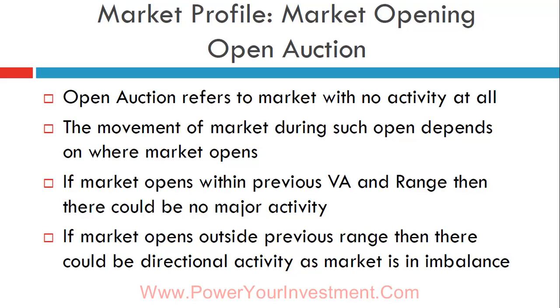Now if you see the open auction, it usually happens in bull markets. It happens when volatility is low, the market has run up fairly strongly, and everybody's expecting a correction, but the market continues to consolidate, buys some time, and then again starts moving up.